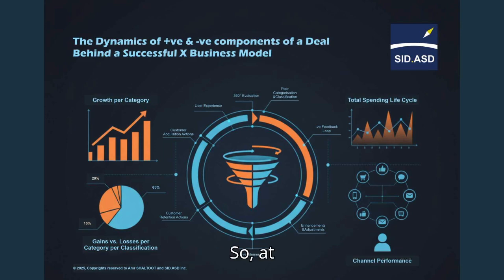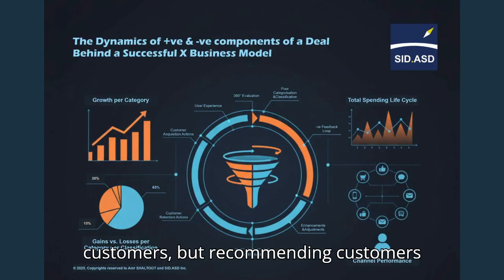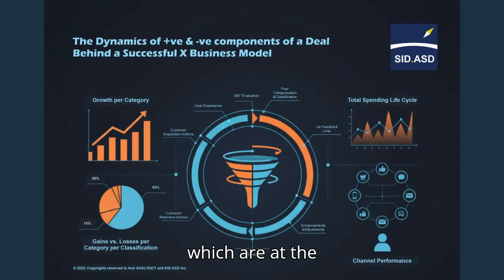So at the lower left corner, you can see here the gains versus losses with the 100% segments of how you gain, how you lose not only customers but recommending customers, which are among the most important categories or classifications that you must look after.